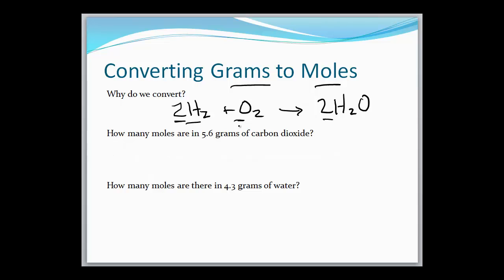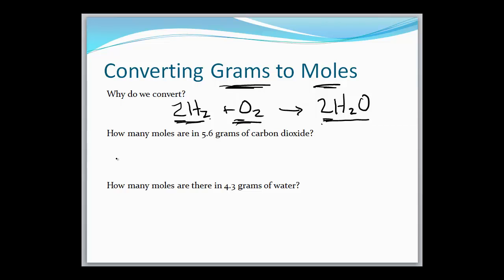But chemical equations are written in terms of moles, so we need to be able to convert from grams to moles. So you would read this reaction as 2 moles of hydrogen react with 1 mole of oxygen to form 2 moles of water. Now later on we'll talk about how we do this, but for now it's important to understand that we measure grams in the lab and we use moles in chemical reactions, so we need to be able to convert between the two units.